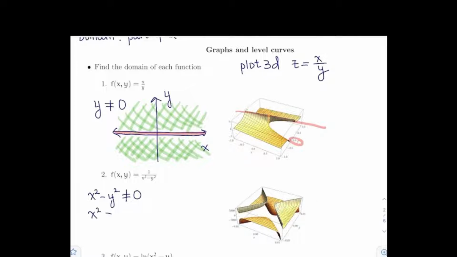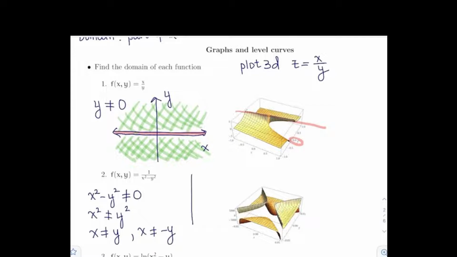X squared is not equal to y squared, which means x is not equal to y or negative y. If we were to get rid of that square, don't forget the plus or minus, right? What does that look like? X is equal to y and x is equal to negative y.